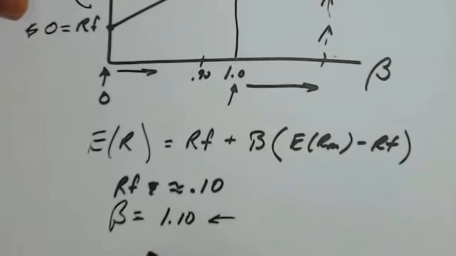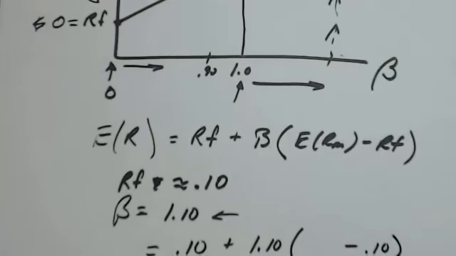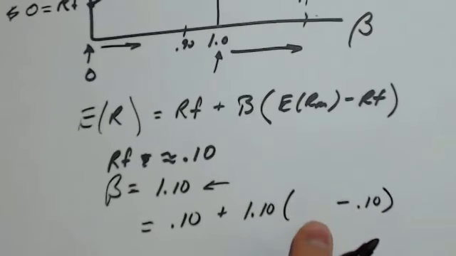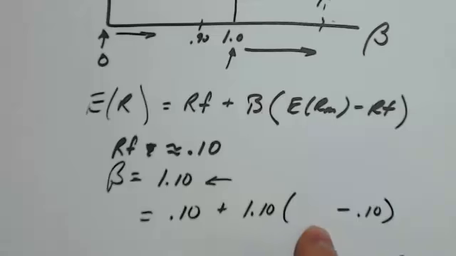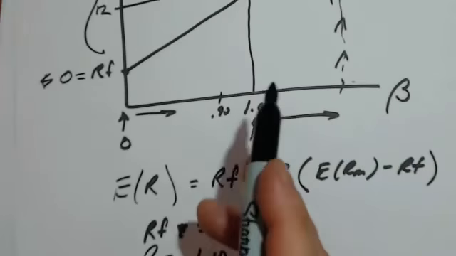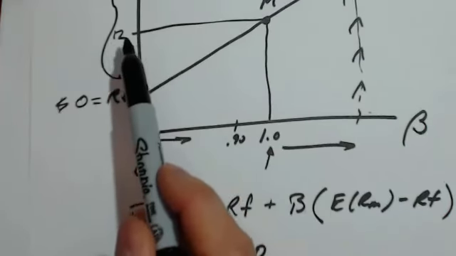Okay. So what would we expect for a return on Apple? Well, if we put the numbers together, we have to come up with an expected return on the market. Well, I don't have a crystal ball, so I don't know what that number will be. All I can tell you is the average over the last 80 years has been 12%.